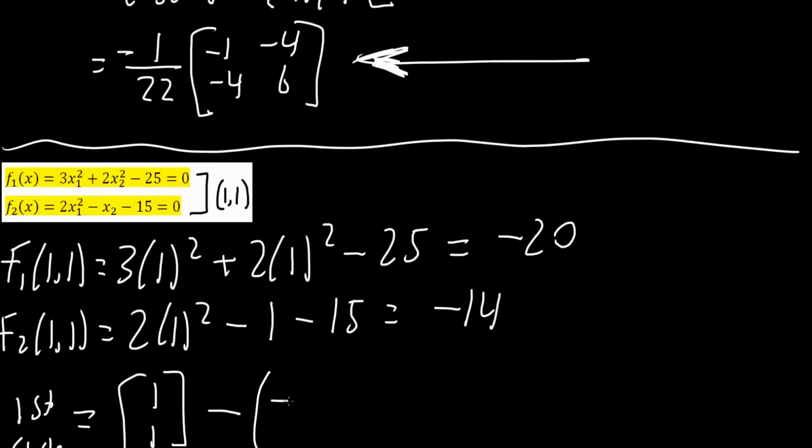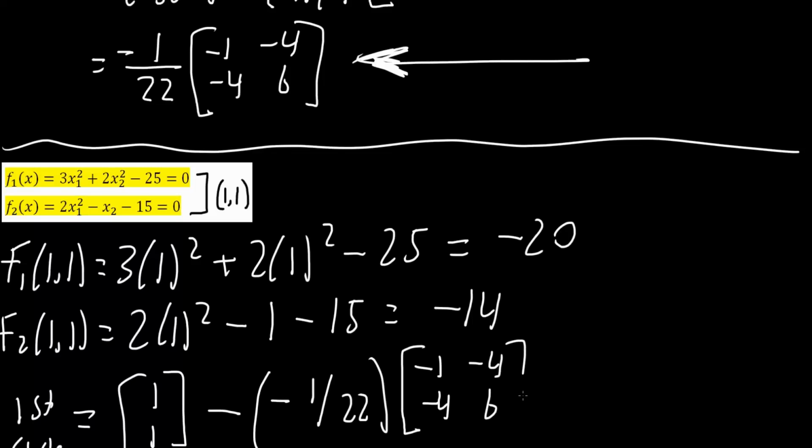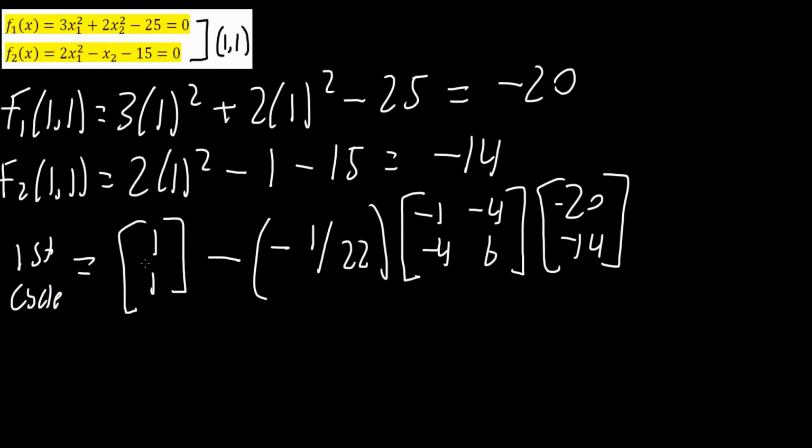So negative 1 over 22 times this matrix. So negative 1, negative 4, negative 4, and 6 like this, times this. So it's going to be -20, -14. So this is a matrix, parentheses, matrix, matrix.